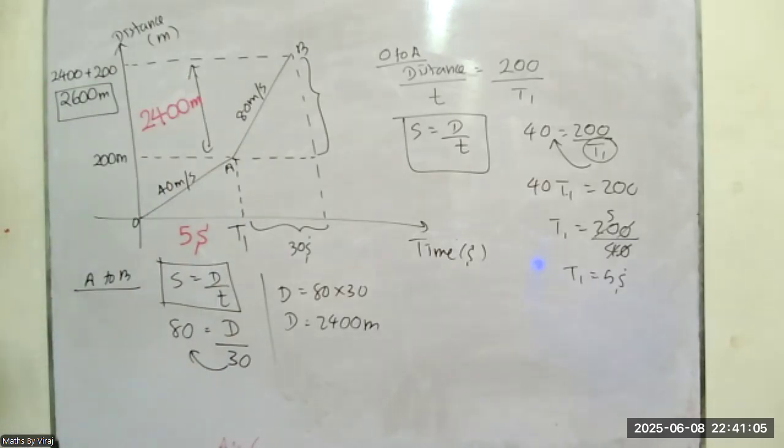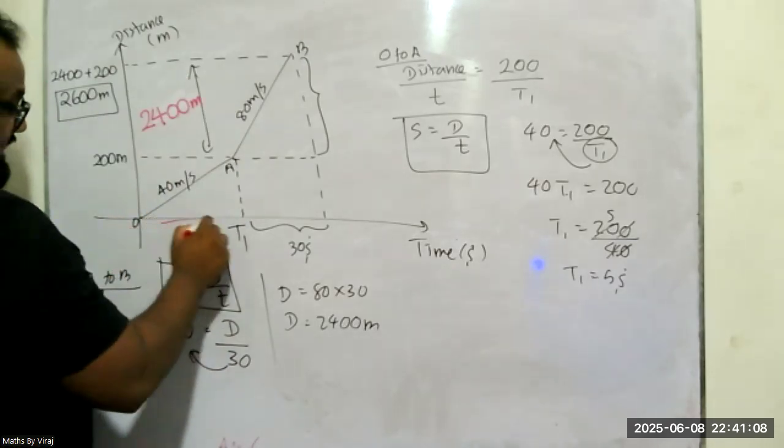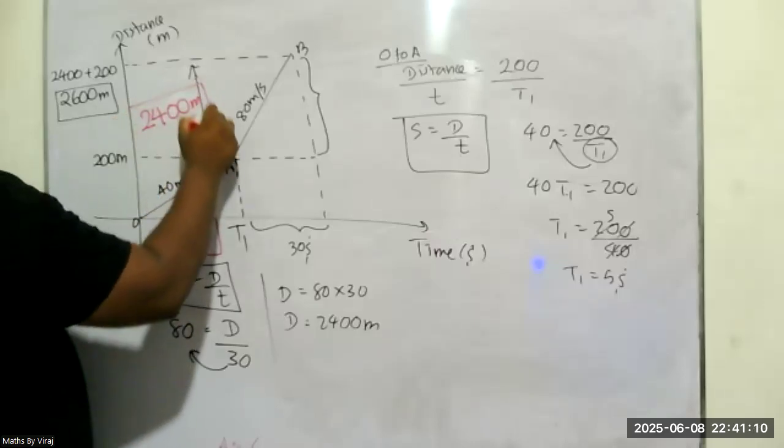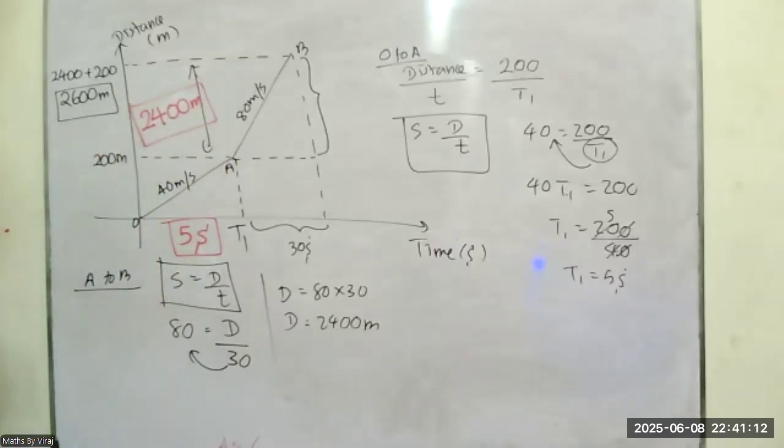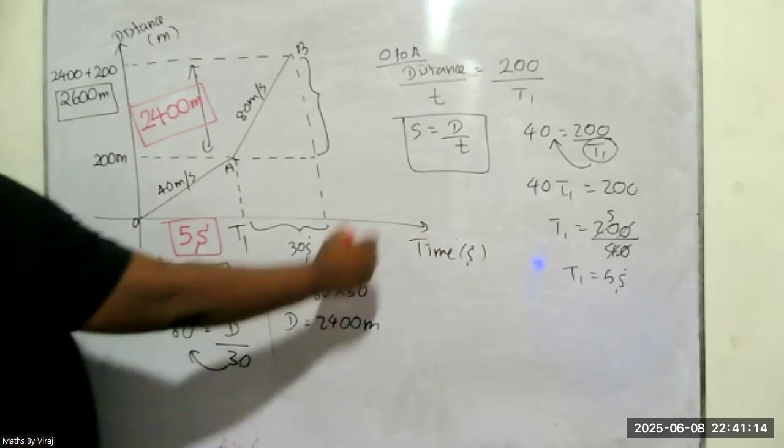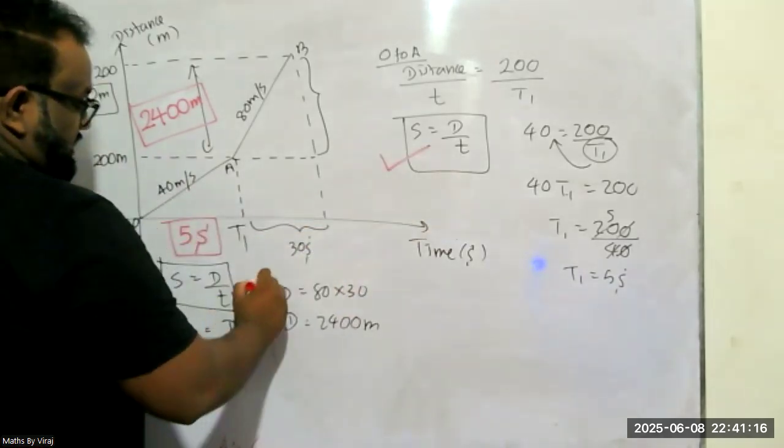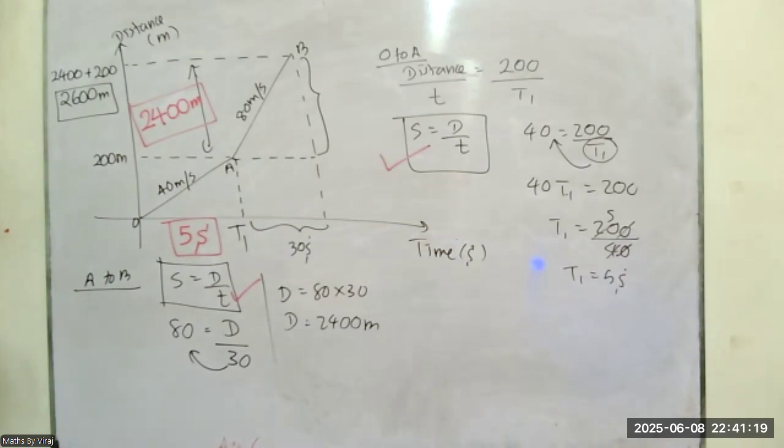Did I make myself clear, love? So this time and the distance both were derived from the simple equation speed is equal to distance over time. Are we clear?